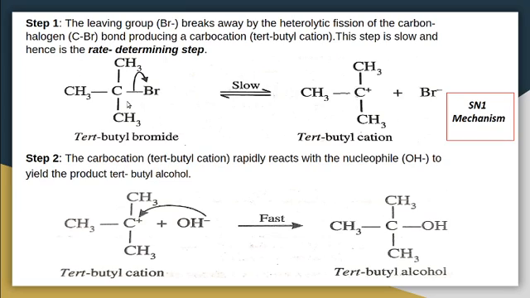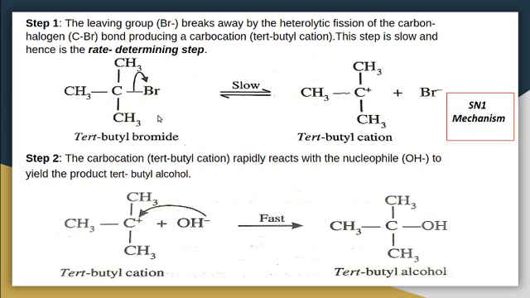If it follows an SN2 reaction, the nucleophile attacks from the back side. In this case, if the nucleophile attacks from the back side, there will be a crowding effect or steric effect of the alkyl groups. So the back side attack is not possible.